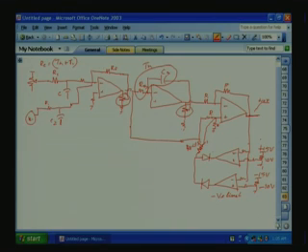Because of the high gain, the output goes negative, and this diode will conduct, and this will appear here at the input positive terminal. So, the output will be negative and go to the positive terminal, so this output will come down.